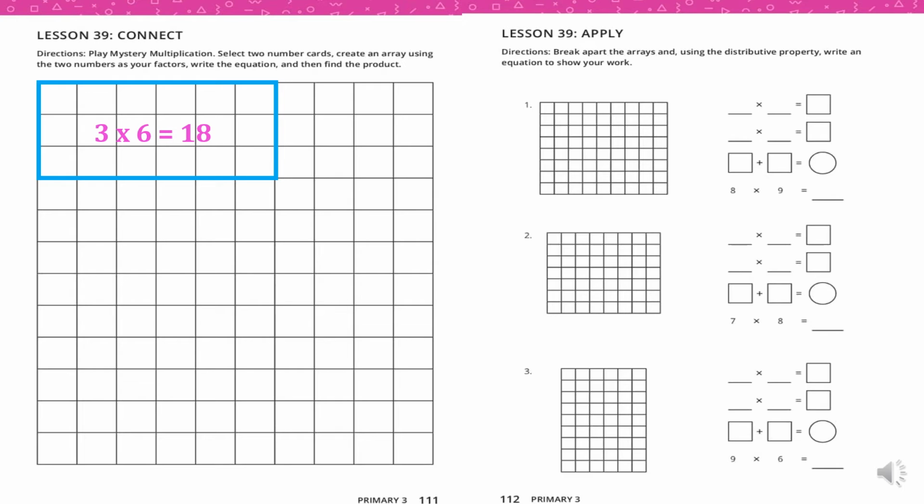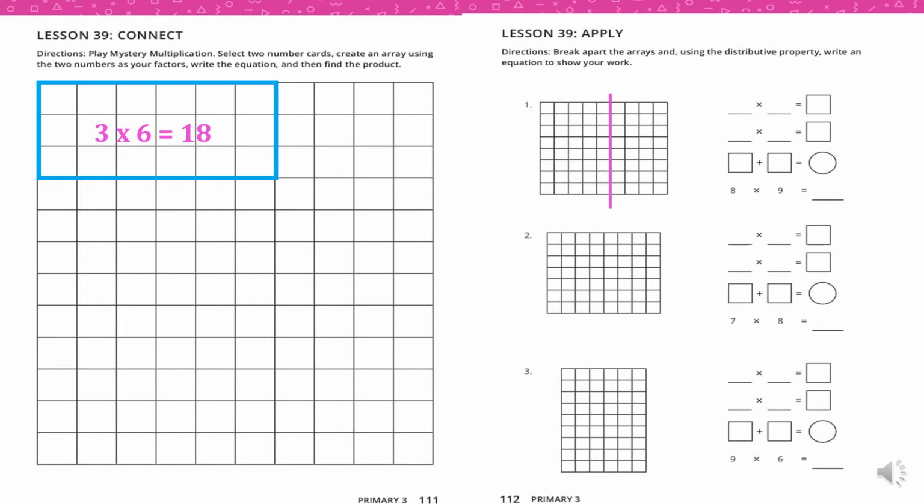So in number 1 we have a very large array. I will split it or break apart the array like this. I can break it into 2 equal parts or one big and one small. I can do it as I want.